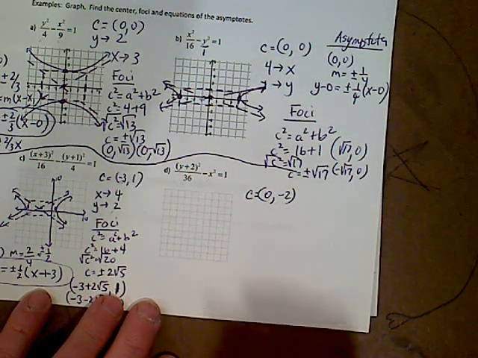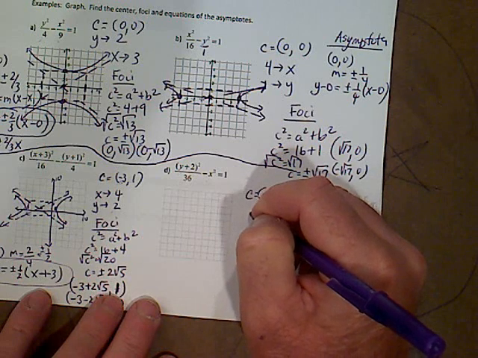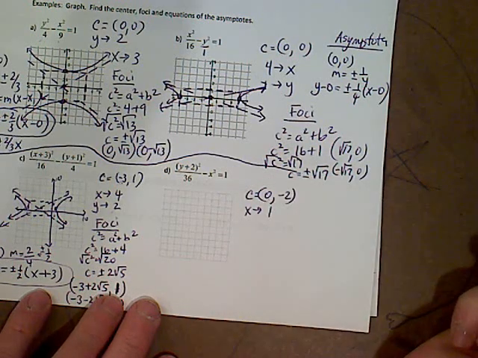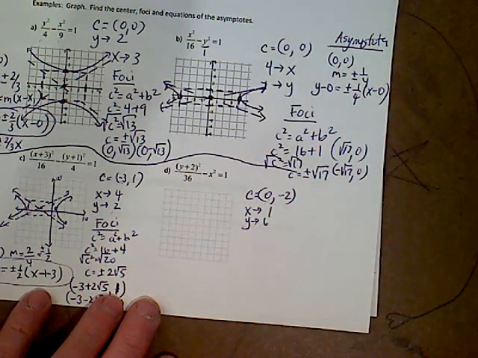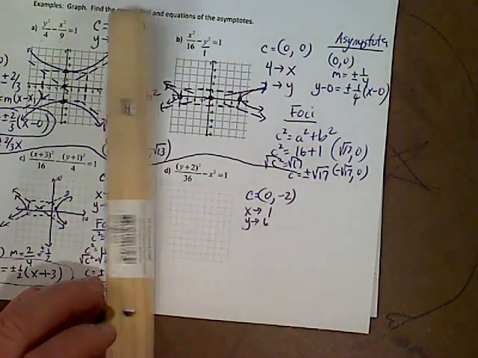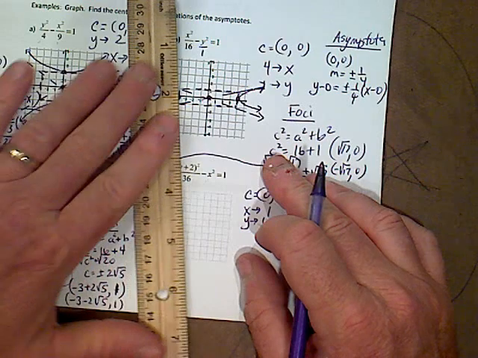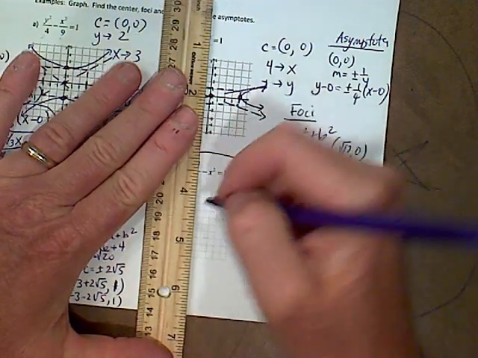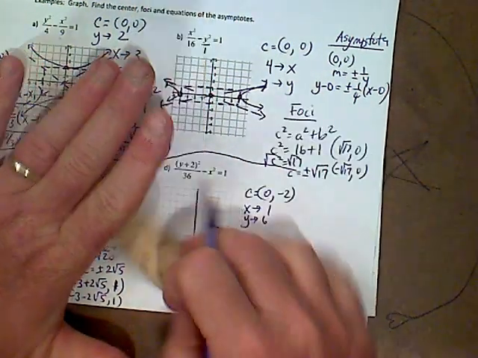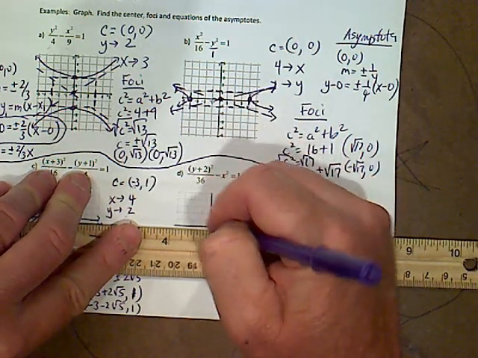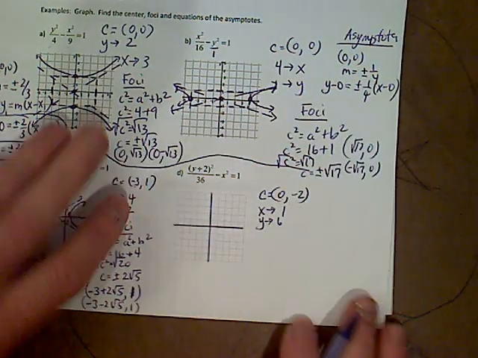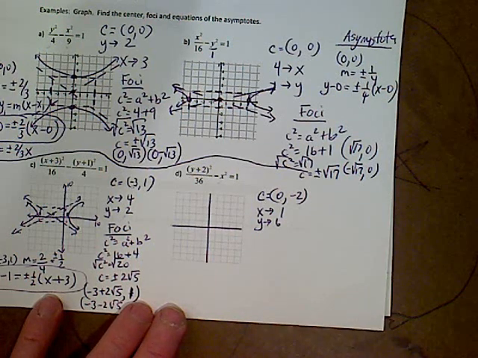Now, when we go to make this, we'll go 1 in the x direction, and we're going to go 6 in the y direction. All right, so let's set this up. It's going to go a little off the graph, and I'm going to do it by ones.